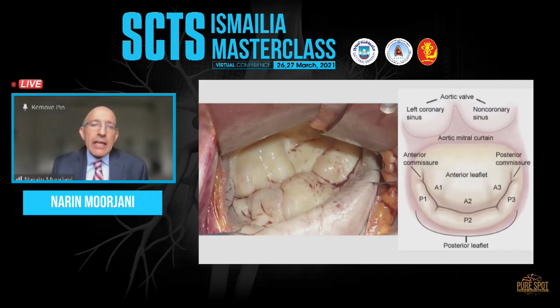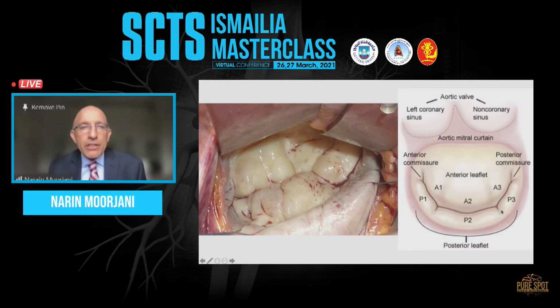So here is an operative illustration of the mitral valve, as we talked about, the anterior mitral valve leaflet and the posterior mitral valve leaflet. As surgeons, we try and divide the posterior mitral valve leaflet into different scallops: the P1 scallop, P2 scallop, and the P3 scallop, which are often subdivided by these different indentations or clefts.